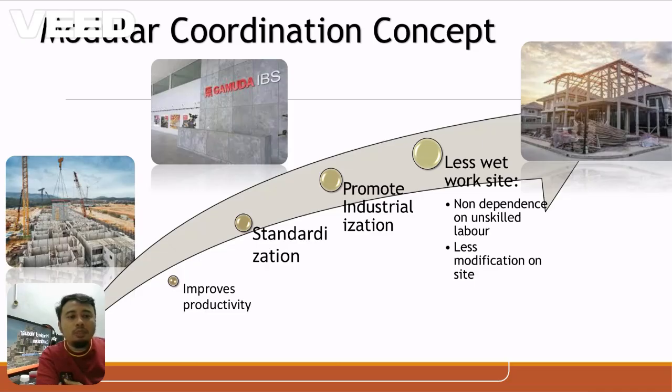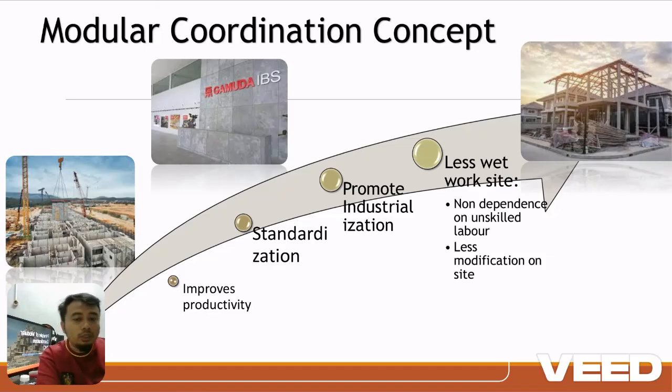Because it makes construction cleaner and faster. Less wet work means fewer delays, less dependence on skilled labor, and better quality because it is produced by skilled labor with correct tools and environment. Also, fewer modifications on site mean lower cost, less wastage, and so on.